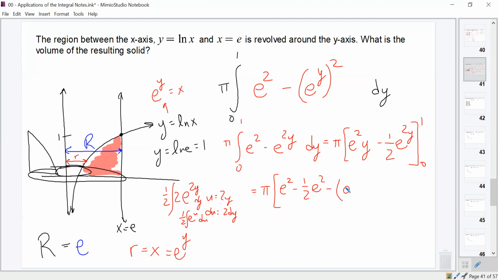Well, that's not necessarily true. e squared times 0 is 0, but minus 1/2 e to the 0 is minus 1/2. And so our final answer here is pi times 1/2 e squared, because e squared minus 1/2 e squared would be a half e squared, and minus a negative half, or plus 1/2.